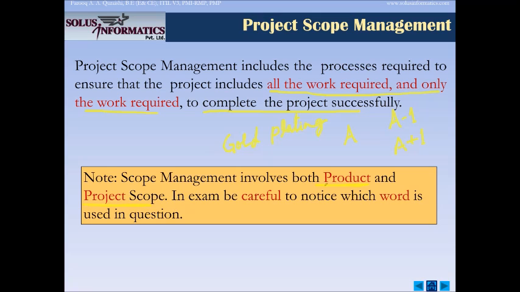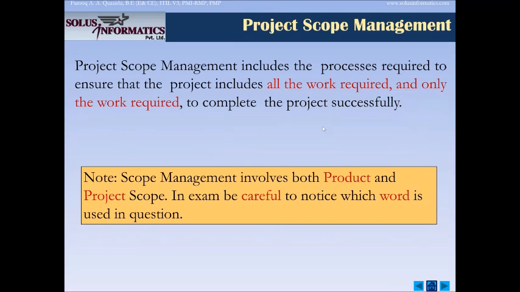Sometimes it so happens that the question would be related to the product scope and you misread it as project scope and understand it from a different angle. So the product scope and project scope are two different things. You need to be sure in the exam to know which word has been used.